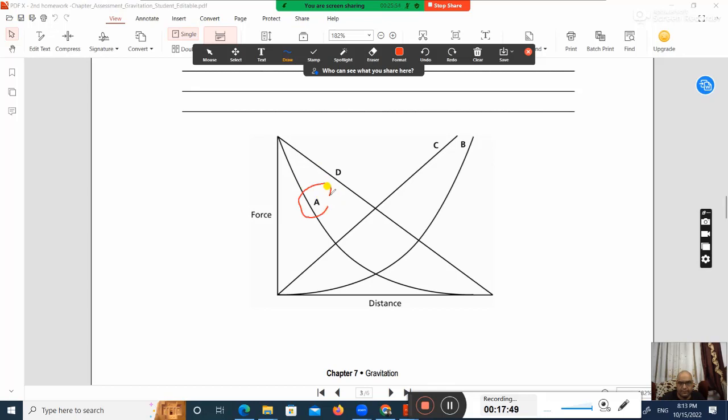Slope number E represents an inverse and changing relation. Number D represents an inverse and constant relation.